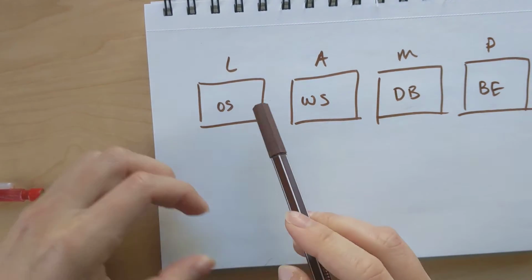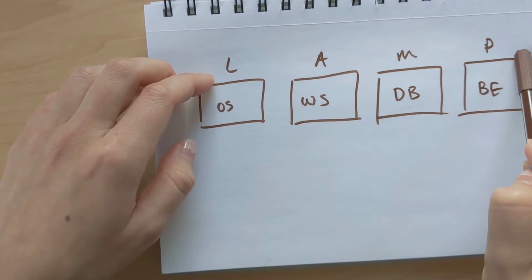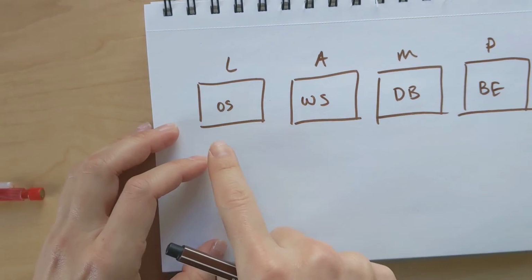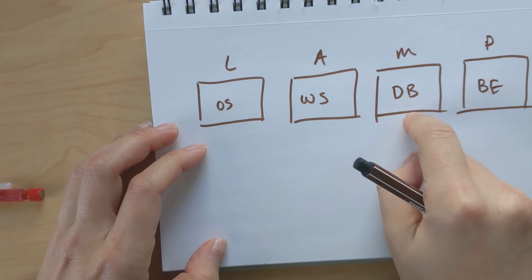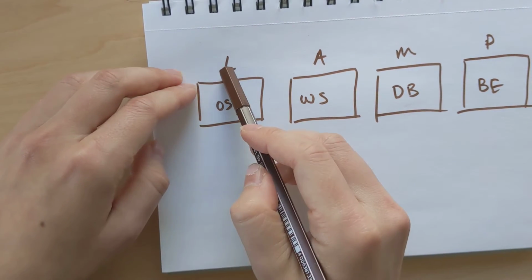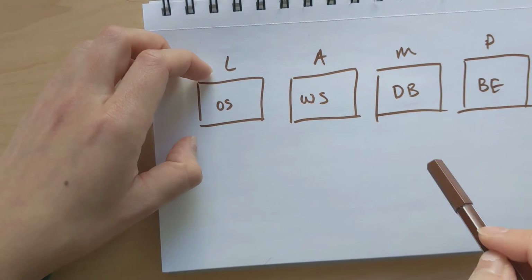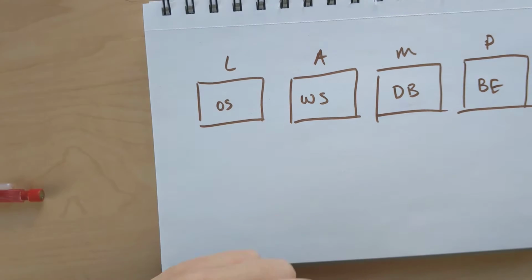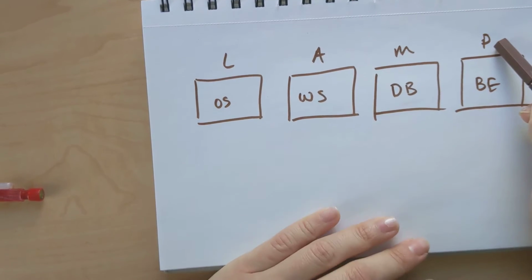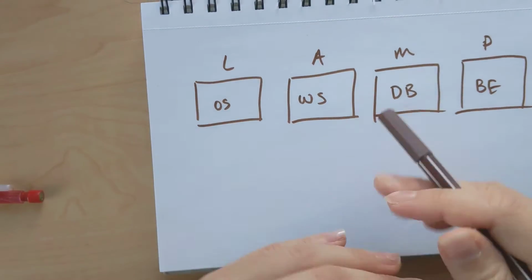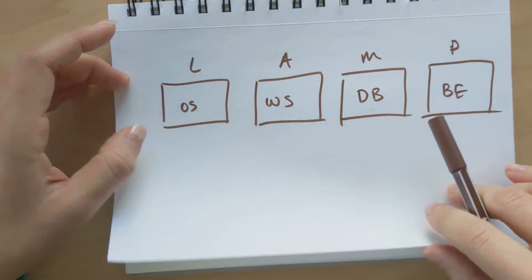LAMP is just one of the ways that you can choose specific technology that meets your web stack components 1, 2, 3, 4: operating system, web server, database, and backend logic. There are many implementations of technologies that are operating systems, web servers, databases, and backend logic, right? Some common ones no longer use PHP, that's what the P stands for, anymore, right? But for a website to work, you really need a combination of technologies that covers all 4 of these components.